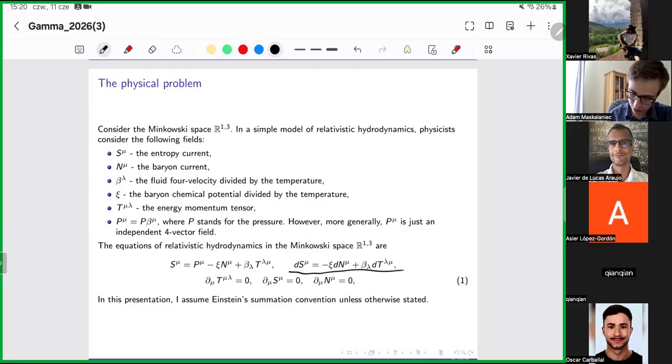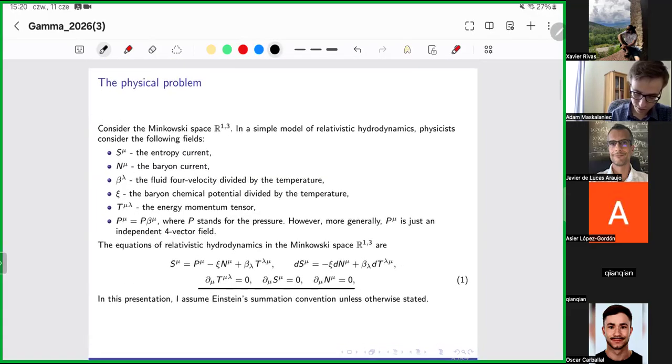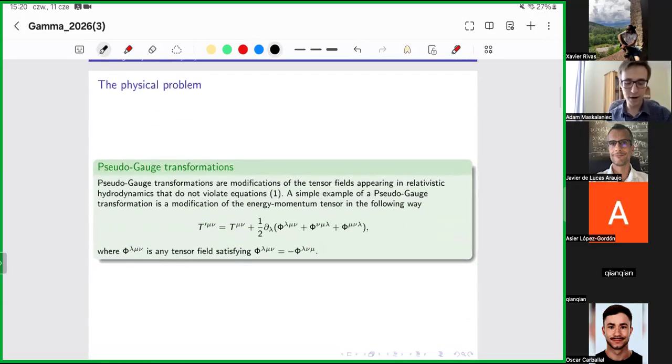The second equation, in fact, comes as a generalization of the first law of thermodynamics. And the last three ones are, in fact, classical conditions for vanishing divergence of our currents. And all the time I use the Einstein summation convention unless I state otherwise.